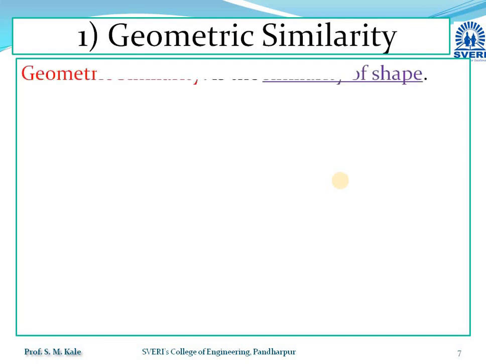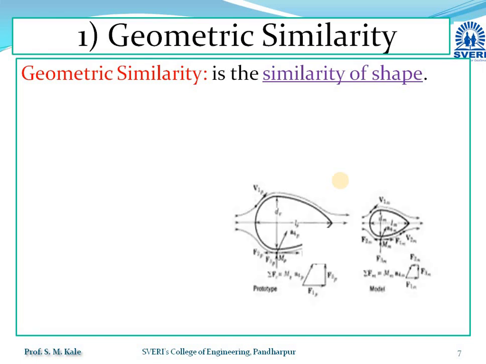So, geometric similarity. As the name itself indicates, similitude means there should be similarity between model and prototype in every respect. Geometric similarity means similarity in shape. Here I have shown one picture.